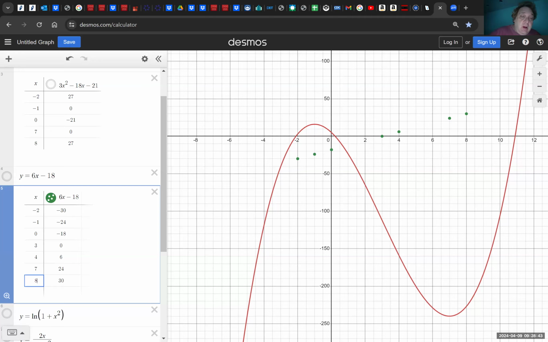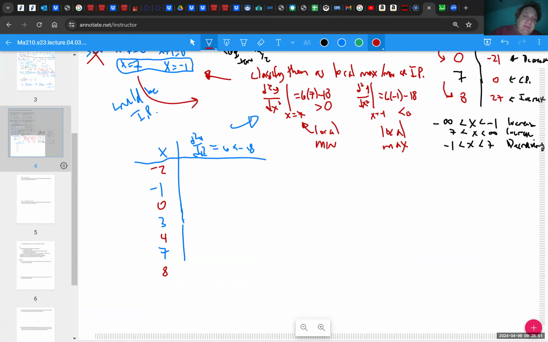So we know that all the numbers are negative to the left of 3, and all the numbers are positive to the right of 3. And those numbers, of course, are second derivatives. This is positive, positive, positive, and this is where it was 0, and this is negative, negative, negative.